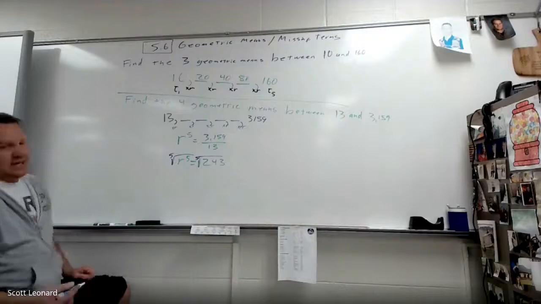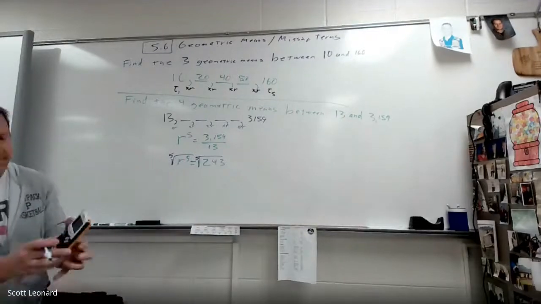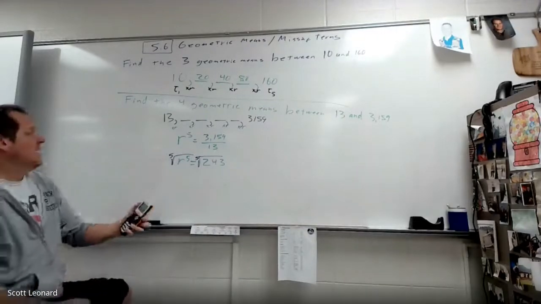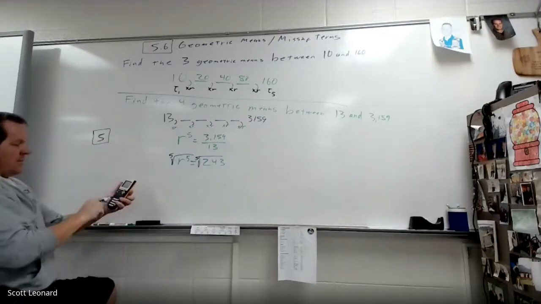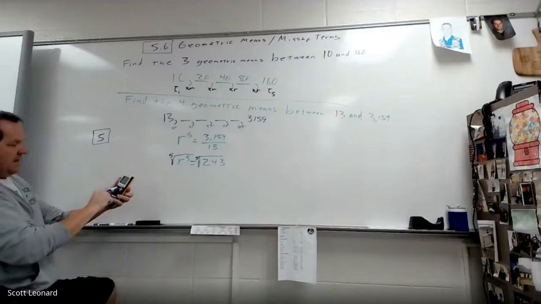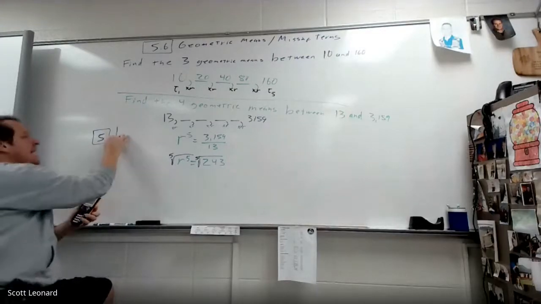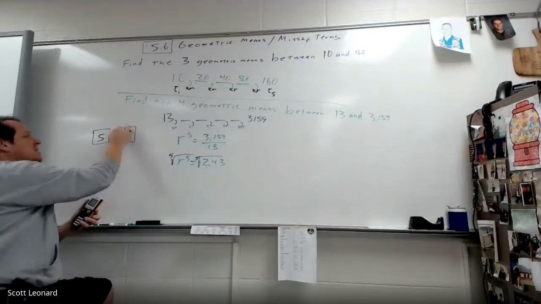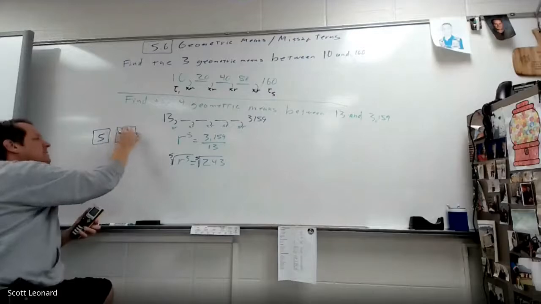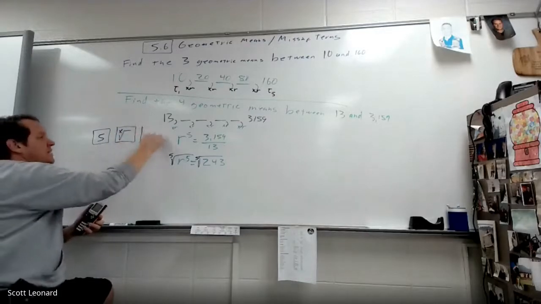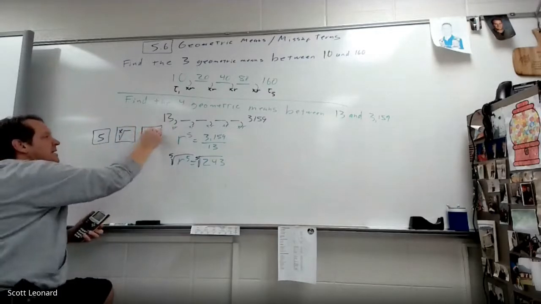So on my TI-84, I'm going to type 5 for fifth root. Then I'm going to hit my math button, go down to the button that has the X root, and then I'm going to type in 243 and hit enter.